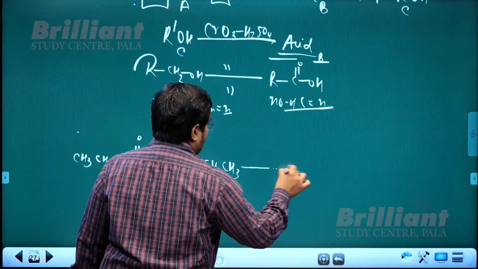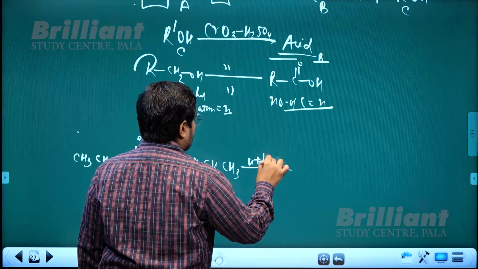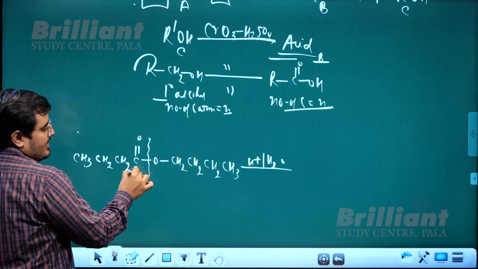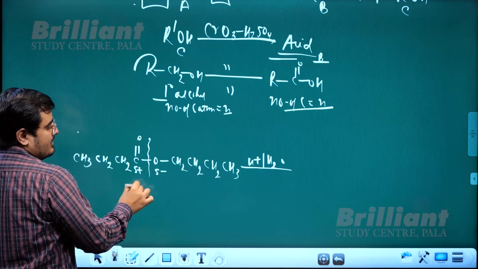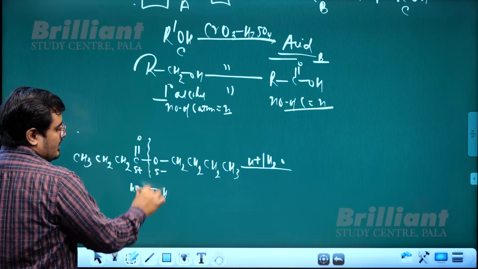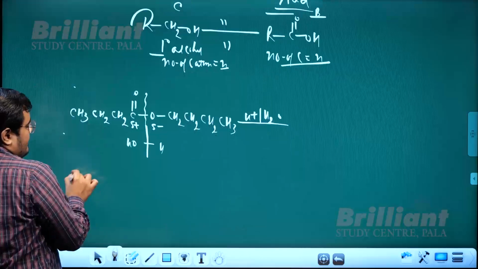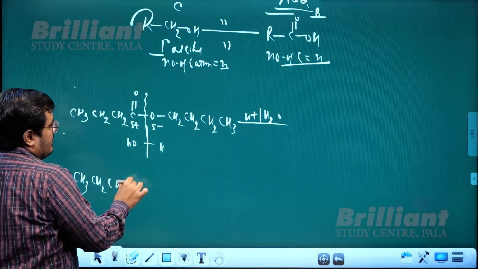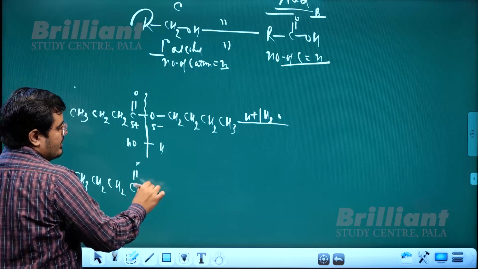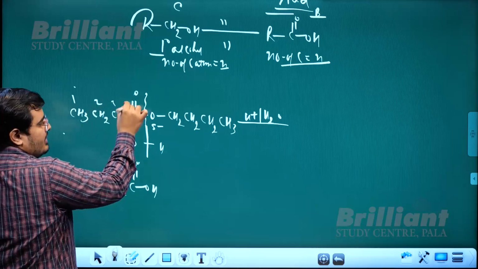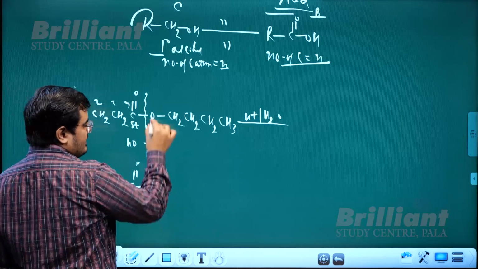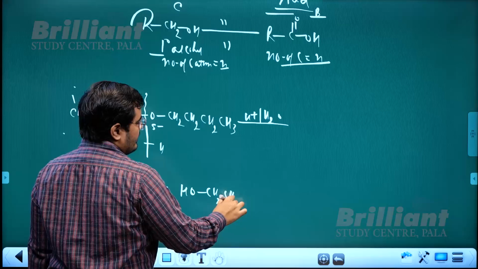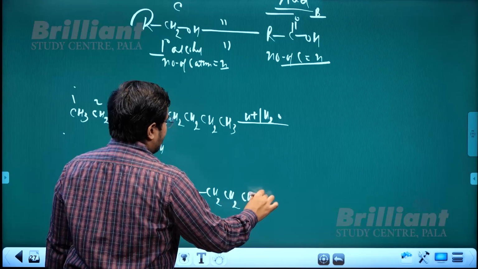I know ester hydrolysis with H plus and water is simply the breaking of this bond. This is delta positive, this is delta minus. Orienting the dipoles of water will give me CH3, CH2, CH2, C double bond OH, because there are 1, 2, 3, 4 carbons, plus on the other side you will get HO, CH2, CH2, CH2, CH3.